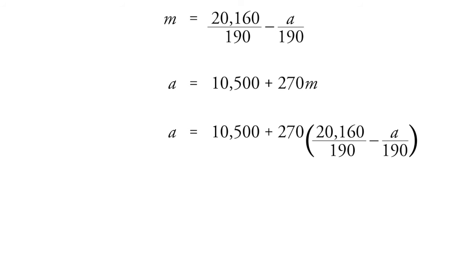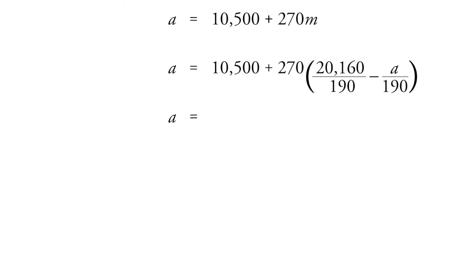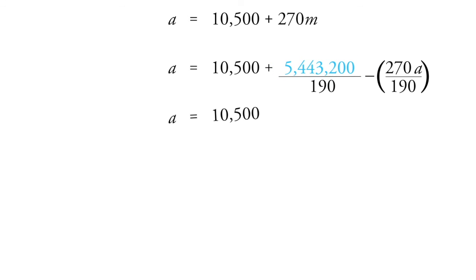And we're going to run that all out. So we get a equals 10,500 plus 28,648 minus 1.42a, because we just took 270, multiplied it by a, and divided that number by 190.